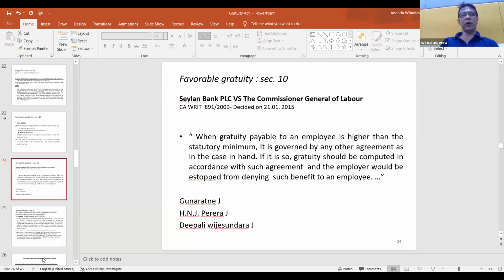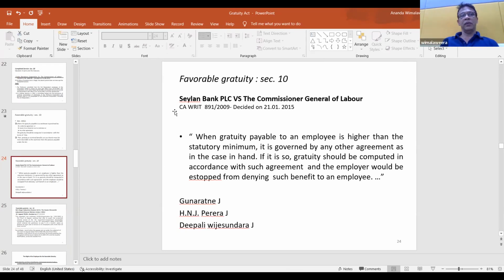Okay, right. Next one. We have court decisions in this regard. Favorable gratuity: Ceylon Bank PLC versus the Commissioner General of Labor, Court of Appeal writ application decided on 21st 2015. Justice Gunaratna, a three-bench of judges, and Justice Pereira, Justice Deepali Wijesundera. These are the Court of Appeal judges.